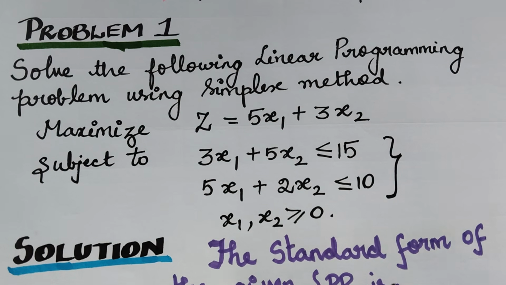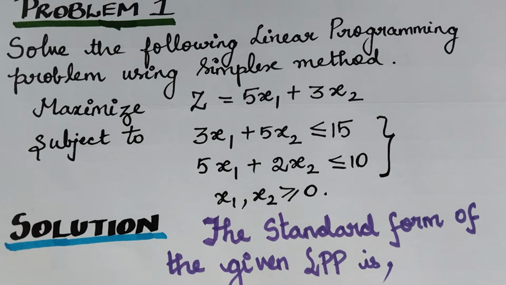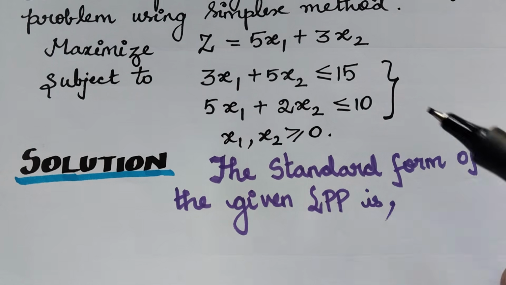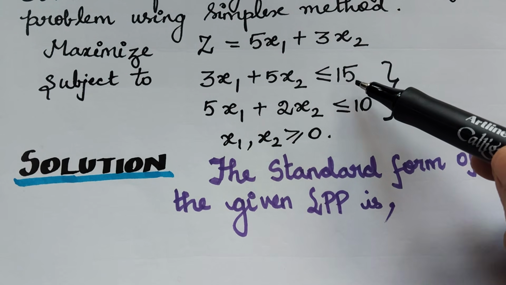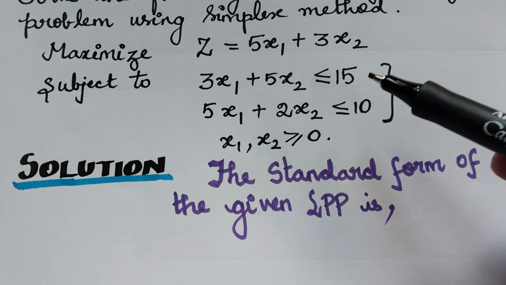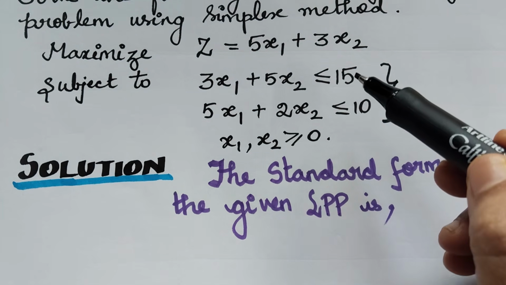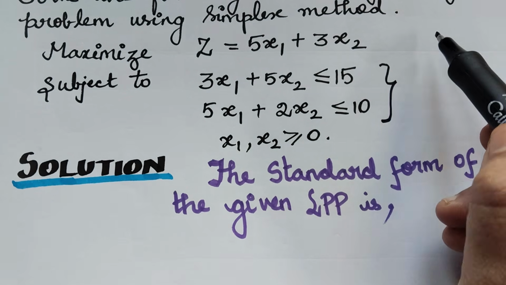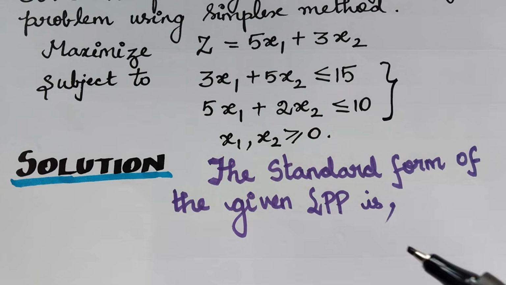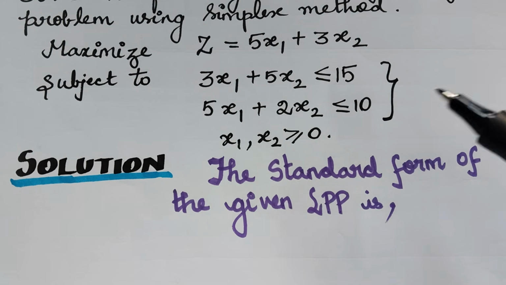Now in order to write the standard form of the LPP, we must see how many constraints are there in this problem. There are two constraints. So we will be adding two slack variables. Those slack variables will also be added to the objective function with coefficient 0. Now the slack variables that we are going to add are s1 and s2.